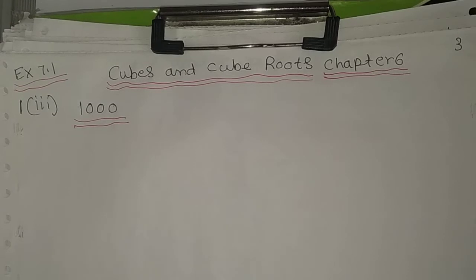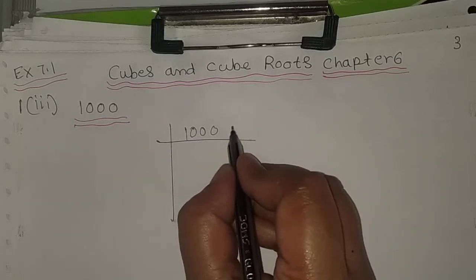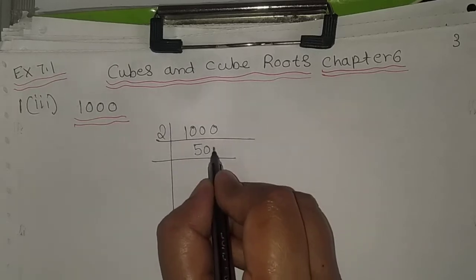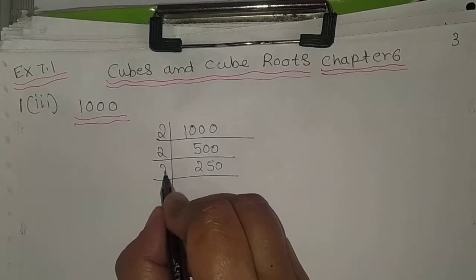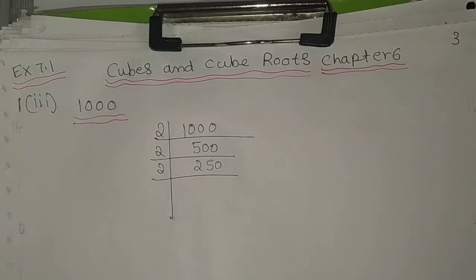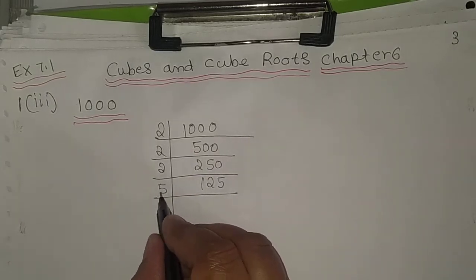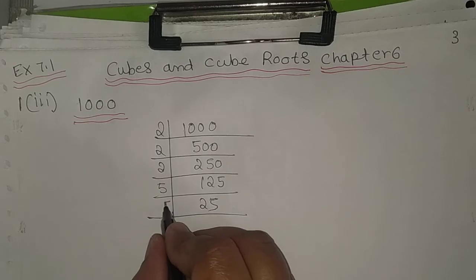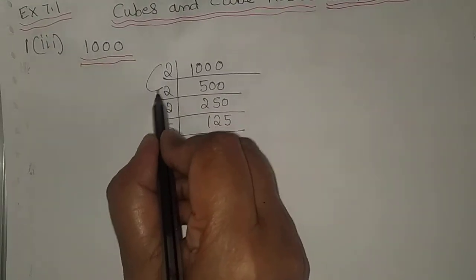So we'll start solving this by the prime factorization method. 1000 is given, so we take 2, 500s are 1000, then 2, 250s are 500, then again 2, 125, and then we take 5, 5 into 25, then again 5 into 5, and next is 5 ones. So this completes the prime factorization method.